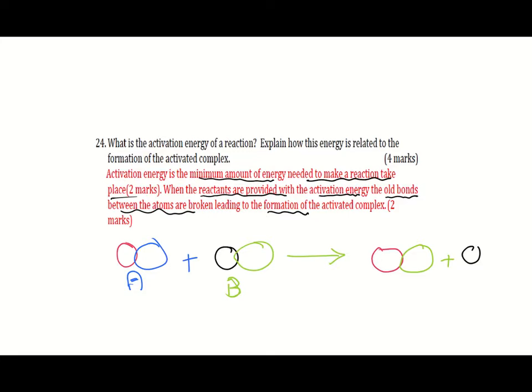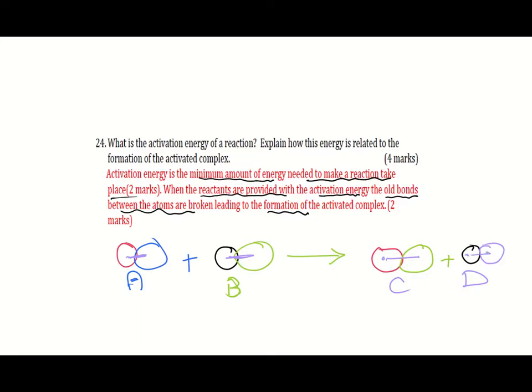We just said that if we have two molecules, a molecule A and a molecule B, reacting to form two new products, C plus D, in this reaction bonds in the reacting molecules should be broken to separate the atoms, and then new bonds will be formed in the product molecules.